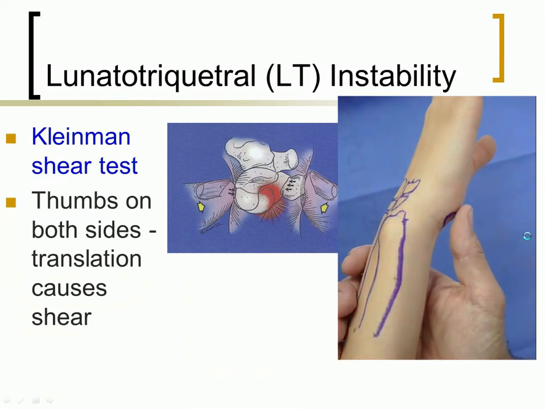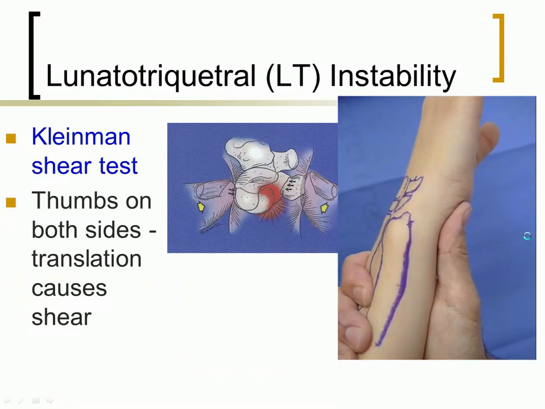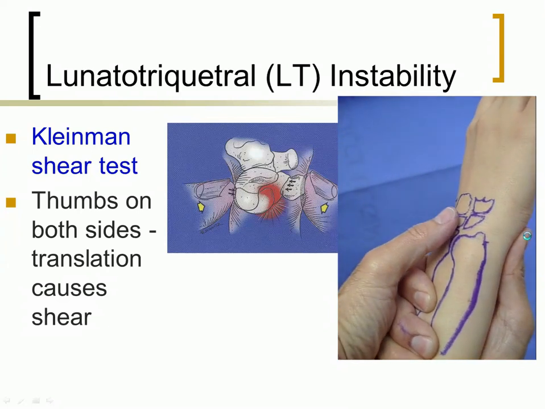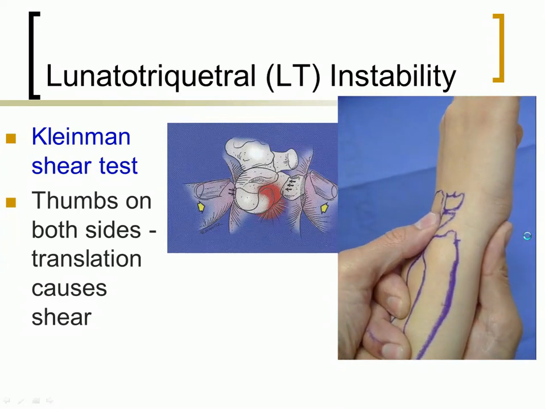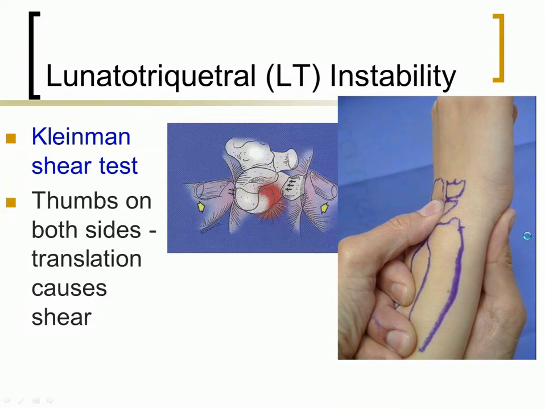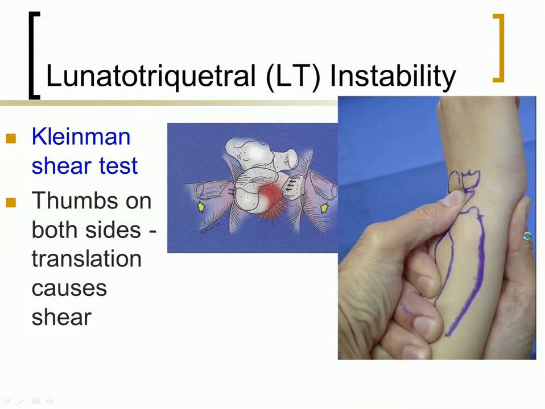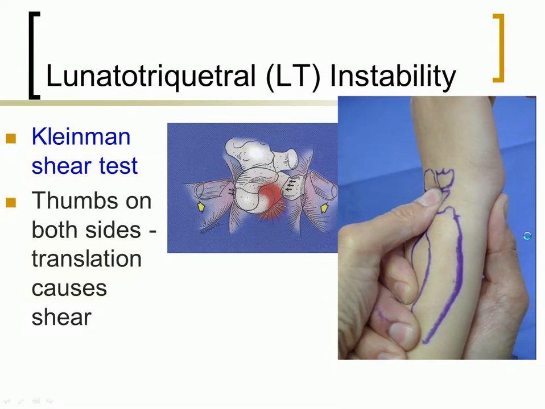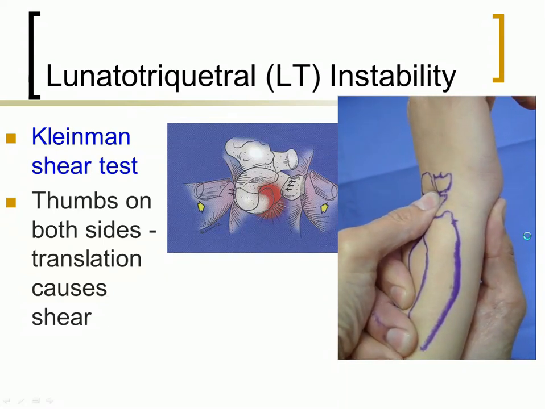The Kleinman shear test also translates the lunate and triquetrum in opposite directions, but gives a little bit more control. The thumbs are on opposite sides of the wrist compared to the Regan shuck test, and instead of pulling and pushing, the test involves just pushing, but in opposite directions.